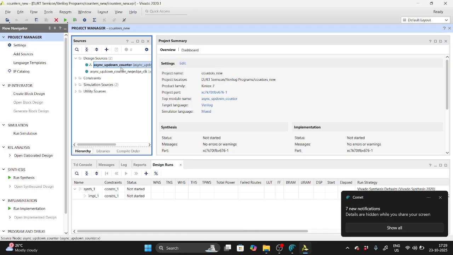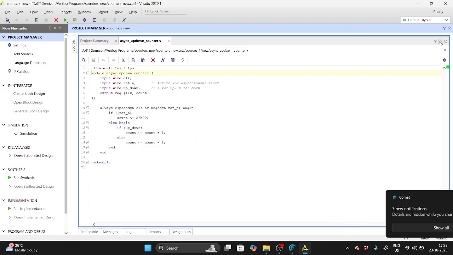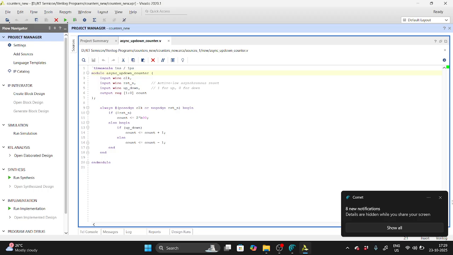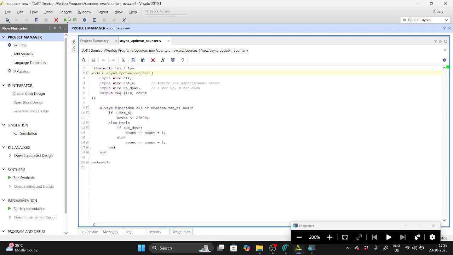I wrote the program for the asynchronous up counter. So if you see this one, asynchronous up counter.